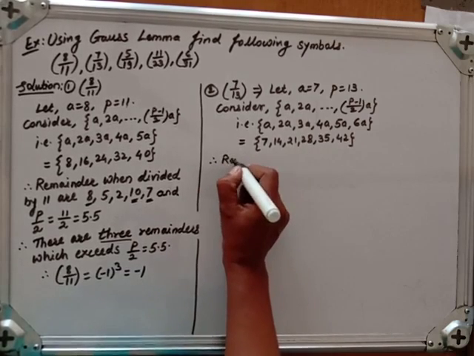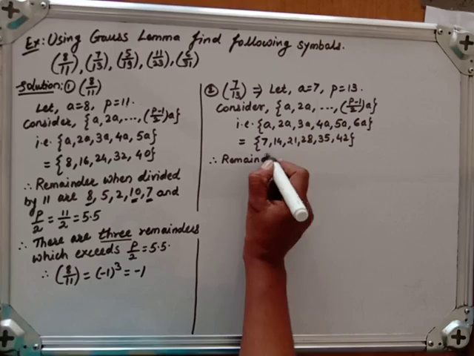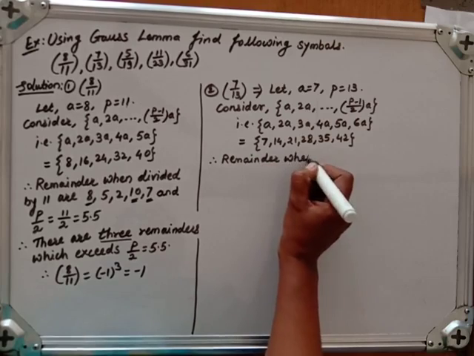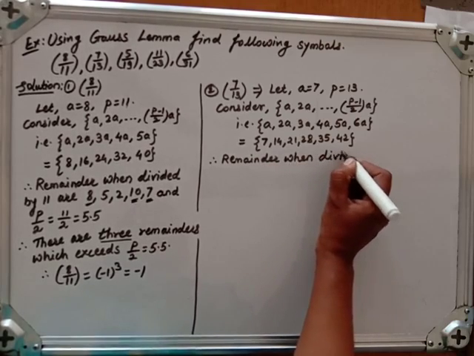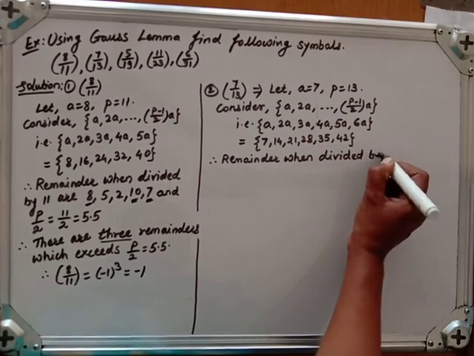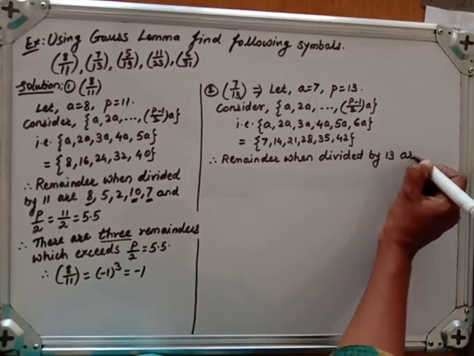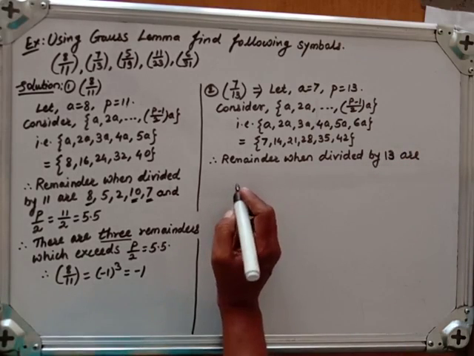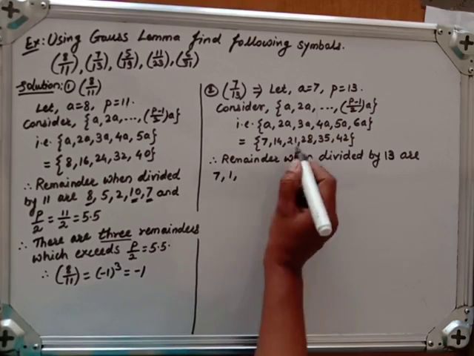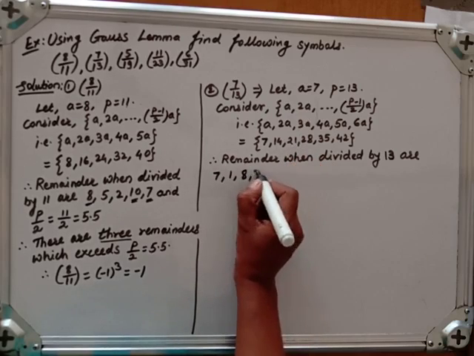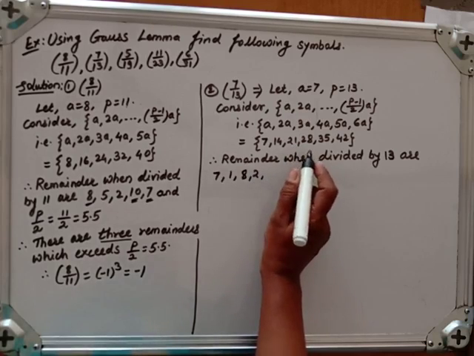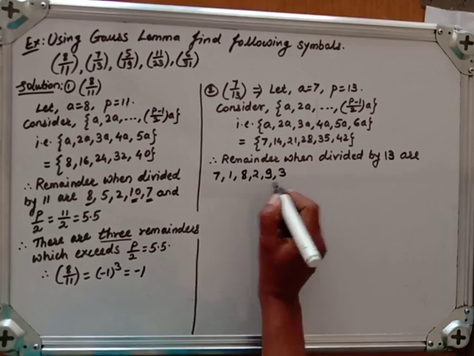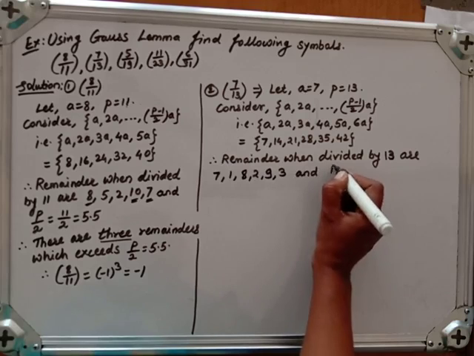Therefore, the remainders when divided by 13 are 7, 1, 8, 2, 9 and 3. And what is p by 2?